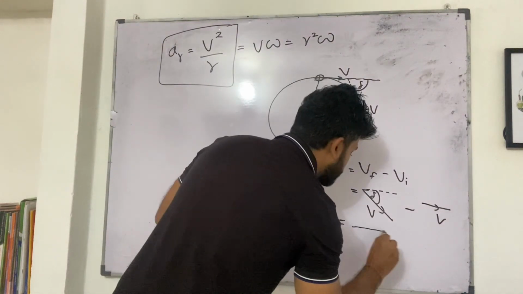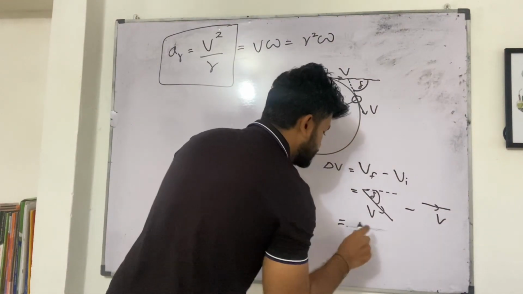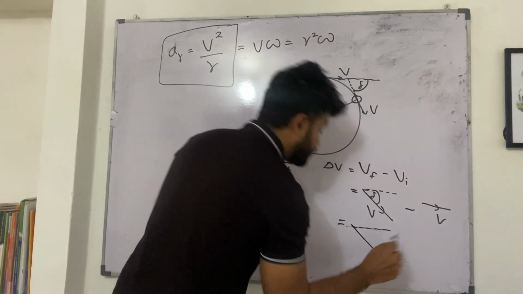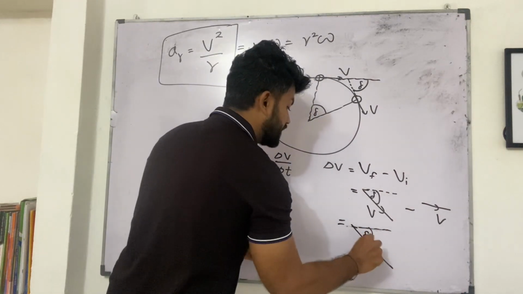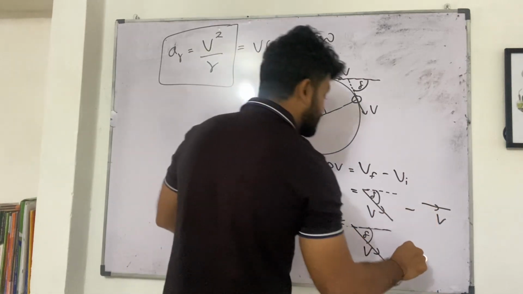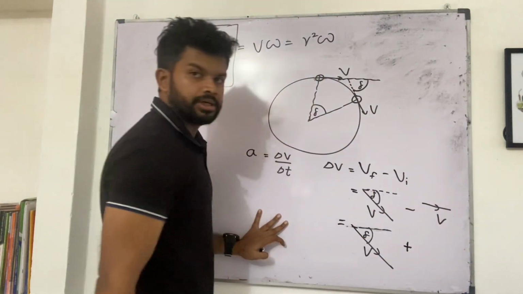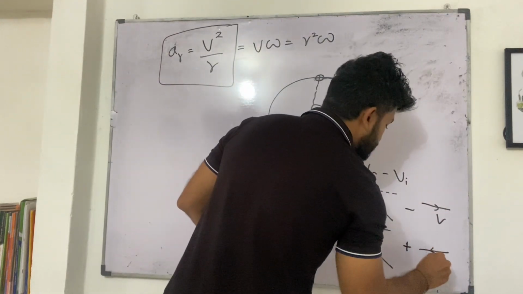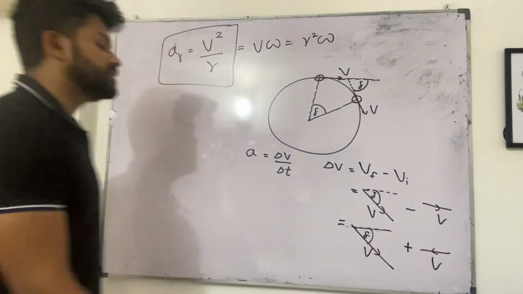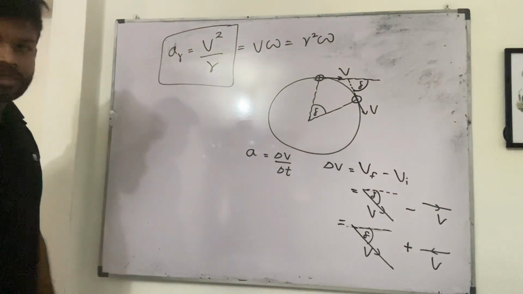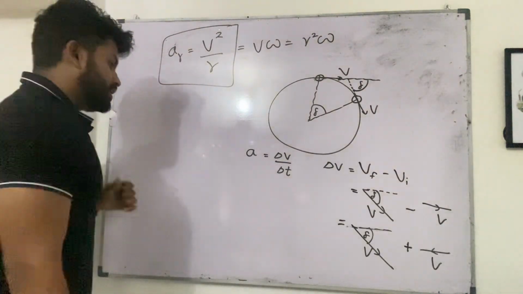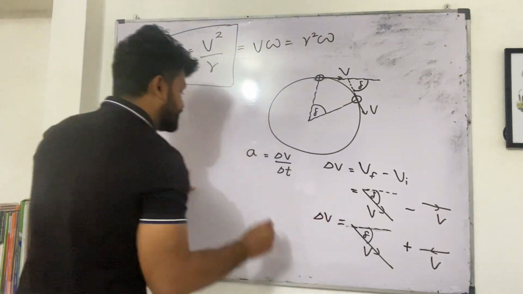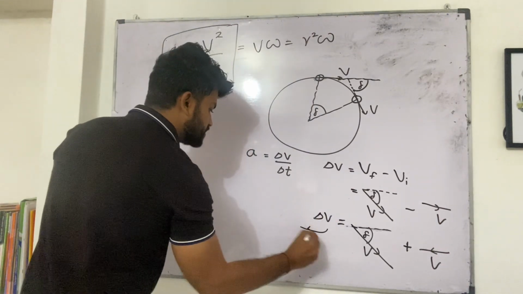So here is delta theta and here v, and I'm going to make it plus by opposing the direction. Now I can use a very familiar vector theory. When you combine them together, for delta v, I can take a proper resultant.